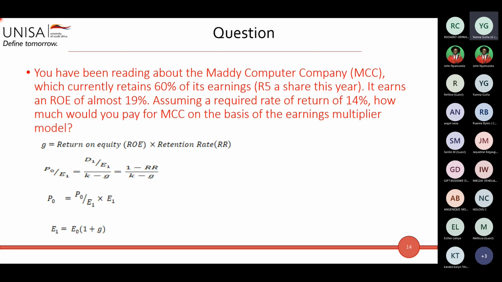Something you missed there, Angelique. So one less the retention rate. I think this part you didn't do. Melissa, let's see, you're on to something. 69. Melissa, you're on to something.